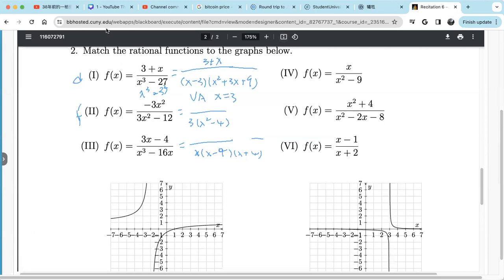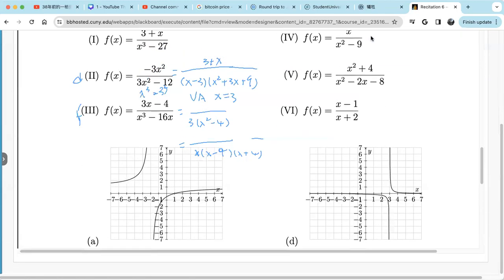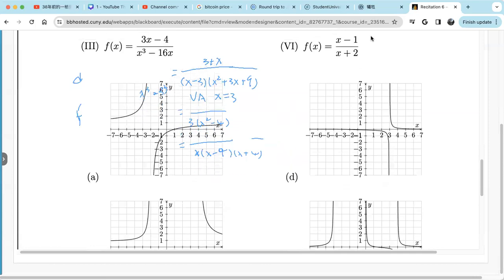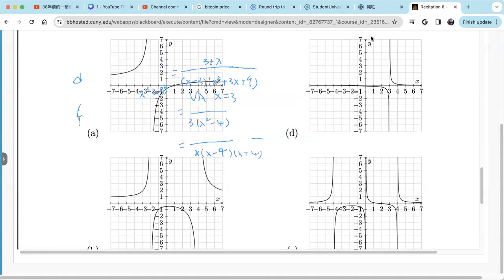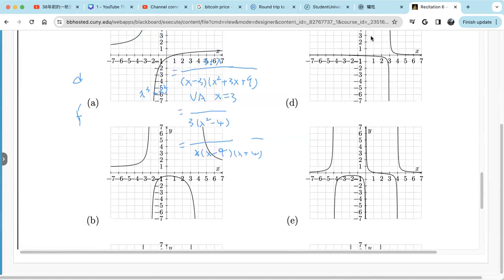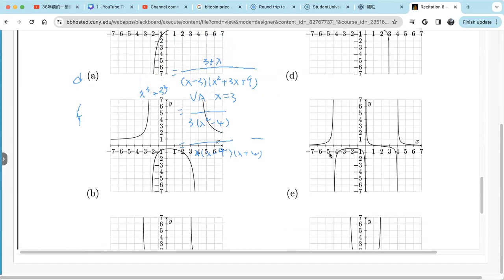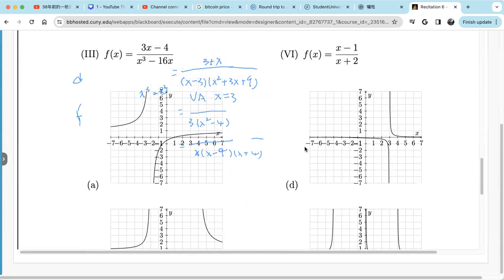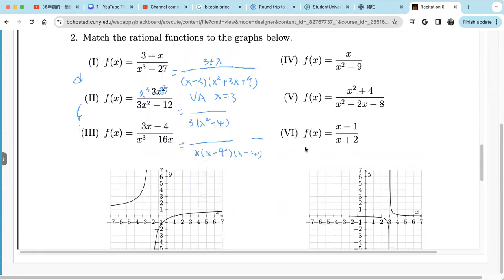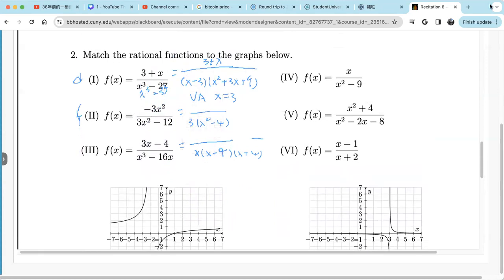We need to find 0, negative 4, and positive 4 as vertical asymptotes. Do you see here? E, right? It has vertical asymptotes at negative 4, at 0, and at 4. So 3 is E.